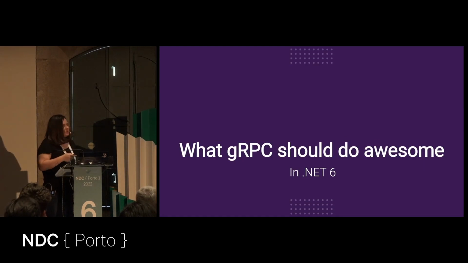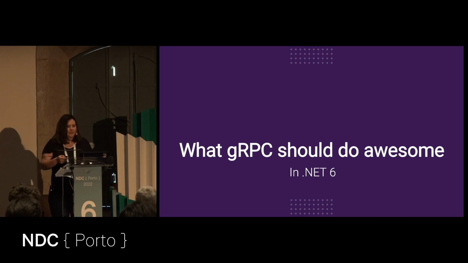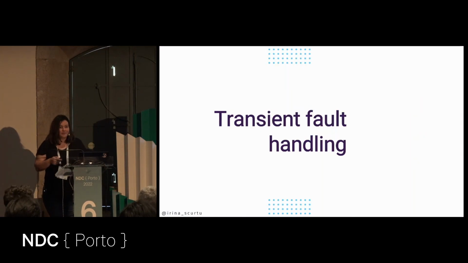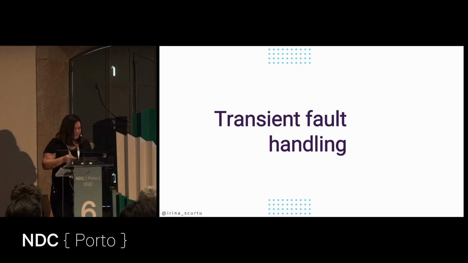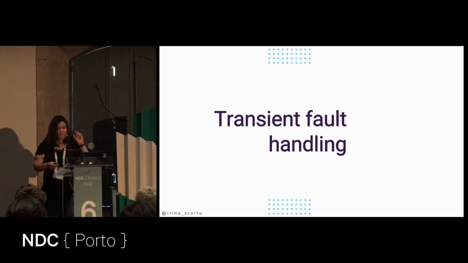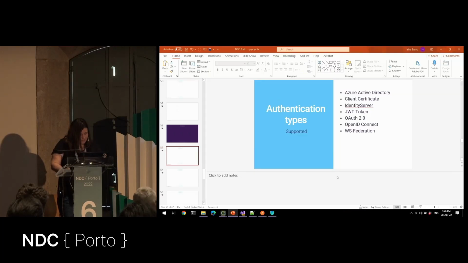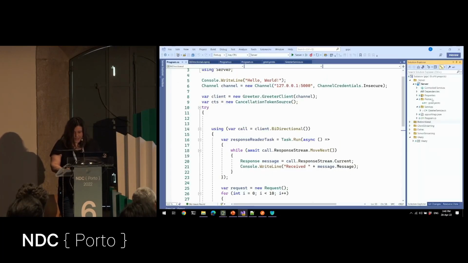So what does gRPC do awesome in .NET 6? Well, how about this out of the box without installing additional things? It does transient fault handling. You can configure some things like how to behave in case of network failures.